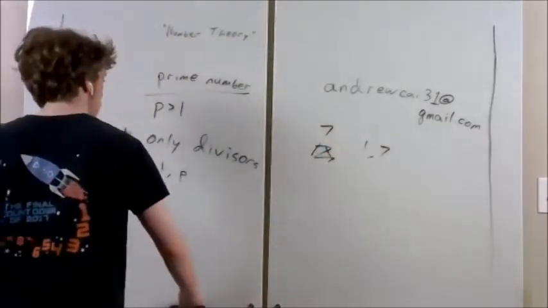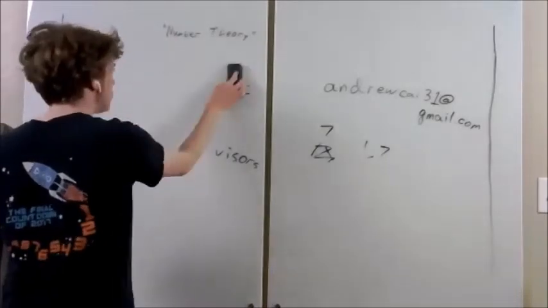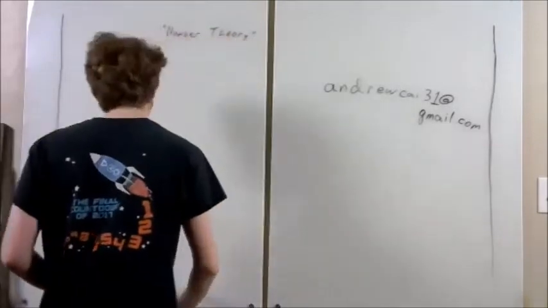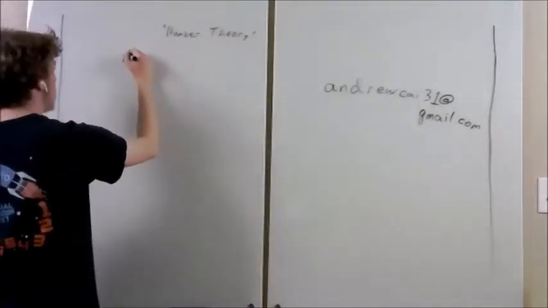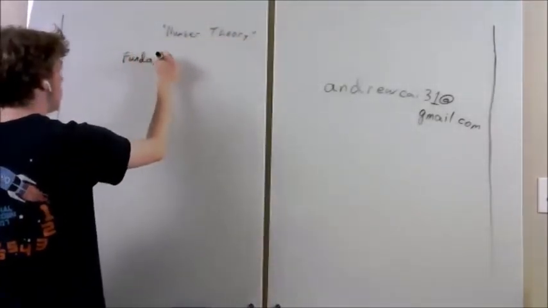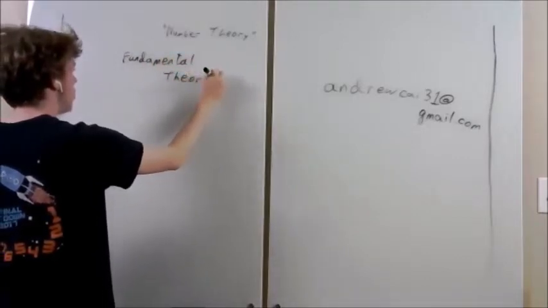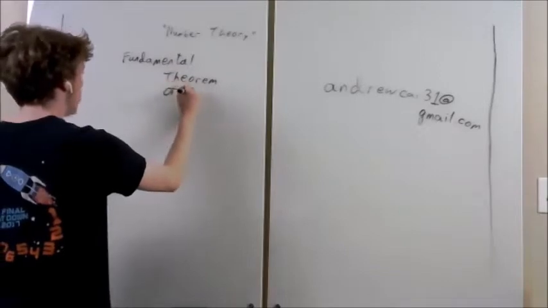Okay, so prime numbers are really, really important because of this thing called the fundamental theorem of arithmetic. It is one of the biggest reasons why prime numbers are so important.